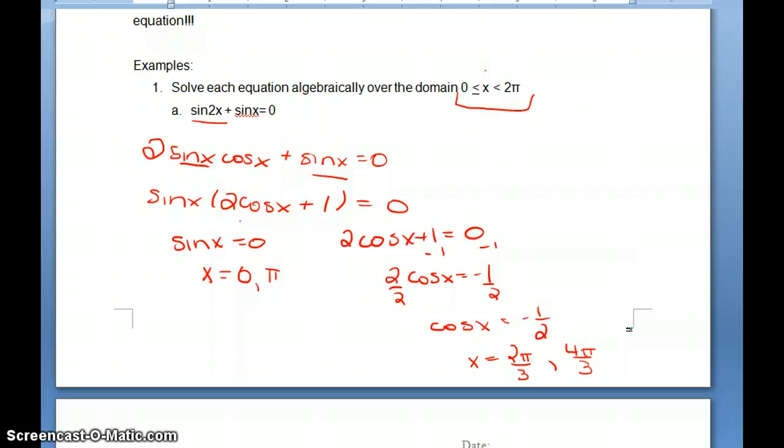Okay. So now that we've factored this, it's all good to go. Let's combine what we've learned for x. So we can say that x is equal to 0, pi, 2 pi over 3, and 4 pi over 3. Okay. So any one of those values is when you'll find that your left-hand side will equal 0.